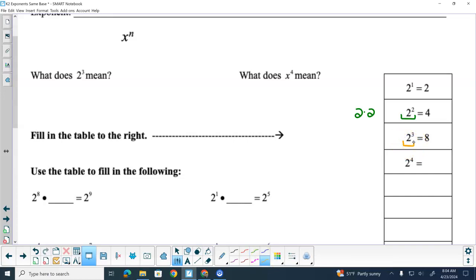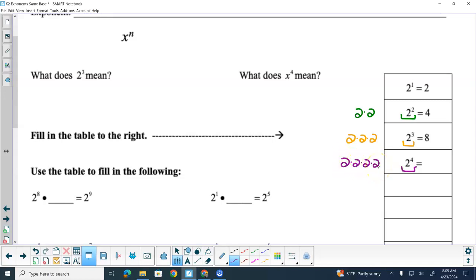What does that mean? 2 times 2 times 2. What does 2 to the fourth power mean? I think you gave me 4 of them there.